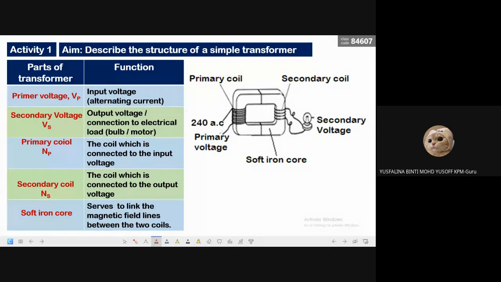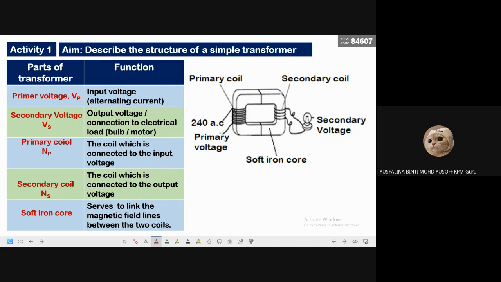All right. So, describe the structure of a simple transformer. Okay, I already explained just now, right? So this is a primary coil. You must use AC, and this is called the primary voltage.